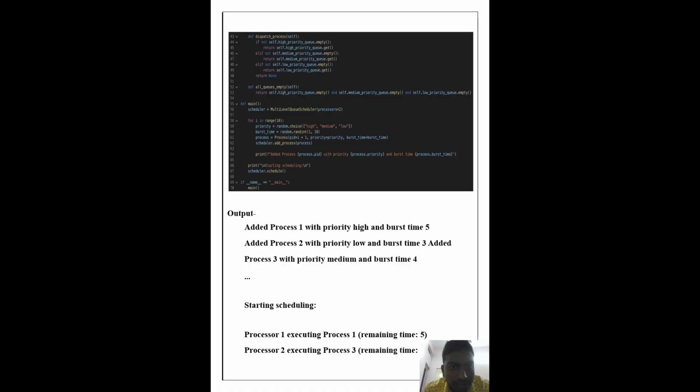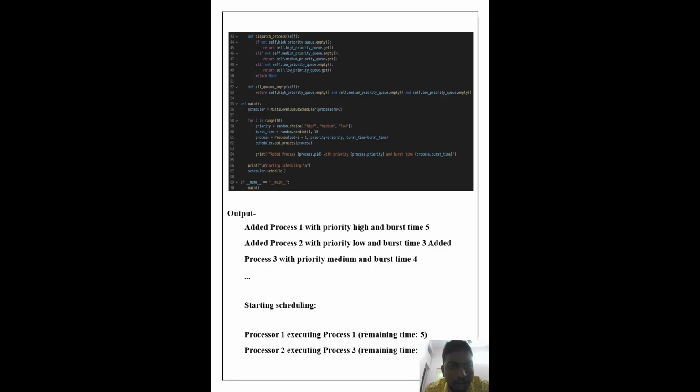After this, we have created the main method: scheduler equals MultiLevelQueueScheduler for the processes. By using the first statement, for i in range of 10, priority equals random.choice of high, medium, low, categorized between high, medium and low. Burst time equals random.randint of 1 comma 10.